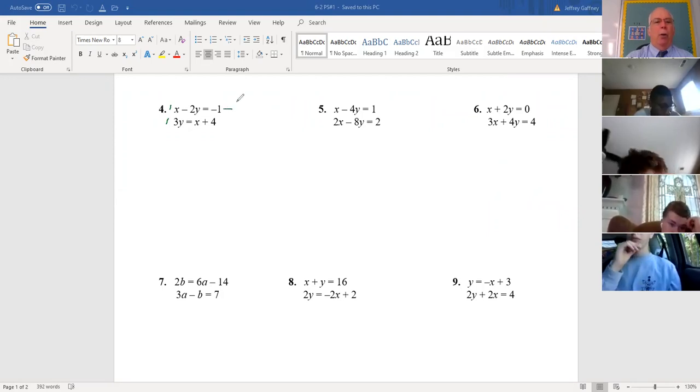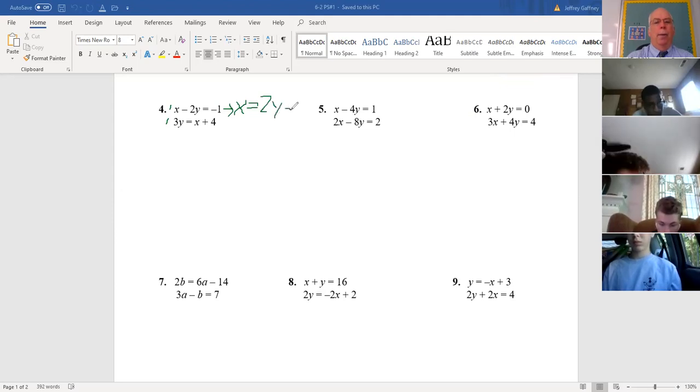Can I say x equals 2y minus 1? Is that okay to do? I change that top equation and rewrite it as x equals 2y minus 1. Is that okay to do?